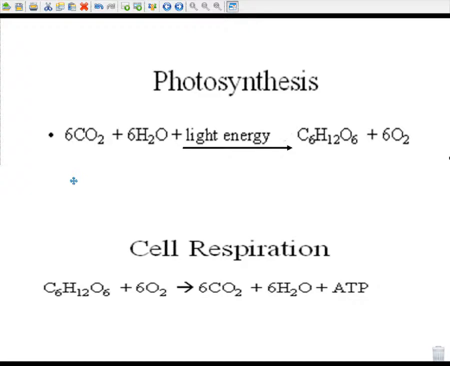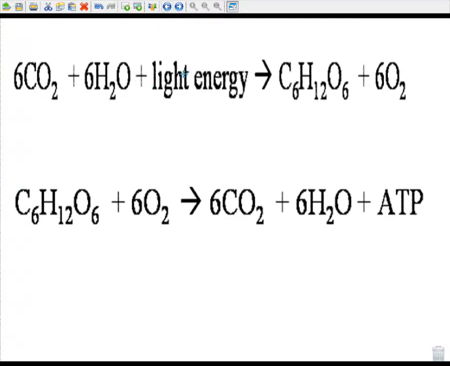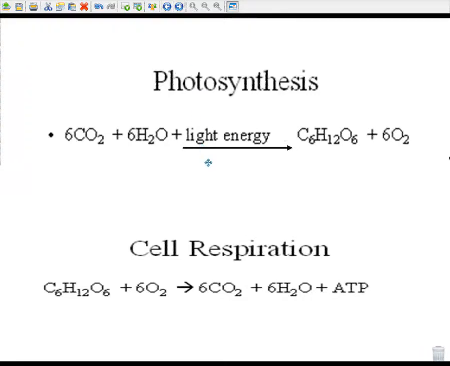So in the first one it said that light energy was one of the reactants, and here it said that light energy was the thing that made the process go. Here it's listed as a reactant. And over here it's written over the arrow, kind of like the project we're going to do in a second. Look, light is kind of like an enzyme. Are enzymes part of the final product?